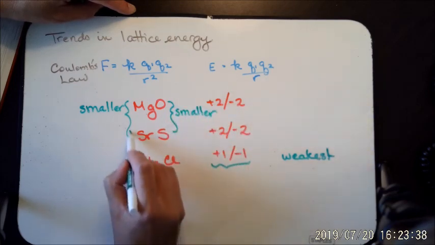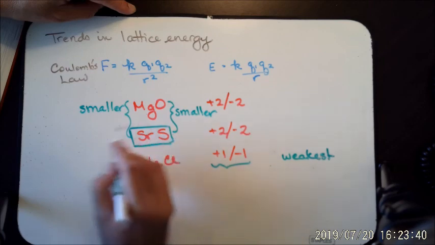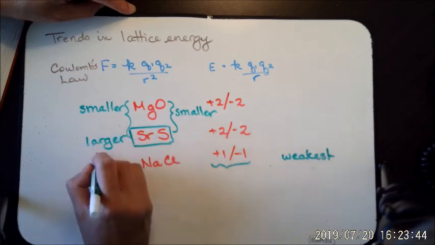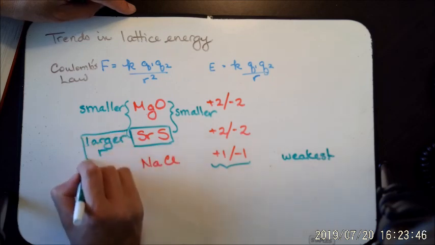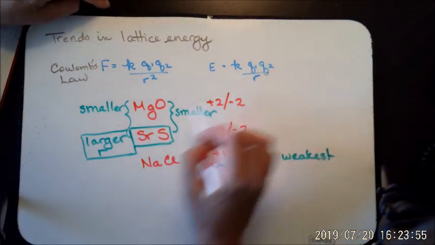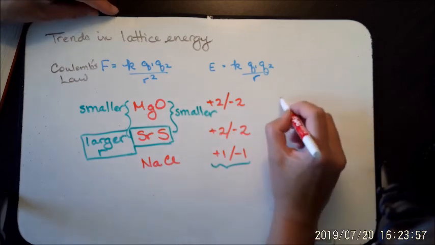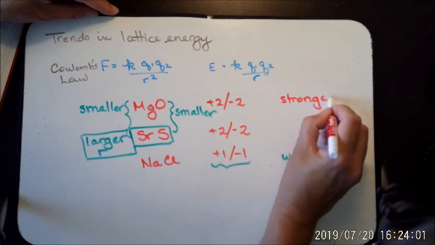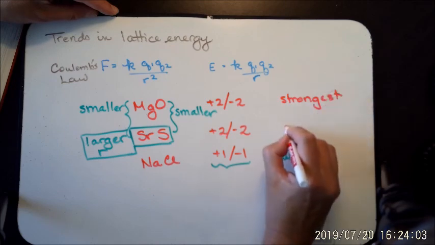So strontium sulfide has the larger R, distance between the two atoms. Because it's inversely proportional, magnesium oxide is the strongest, because it's small and it has a high charge, and this is in the middle.